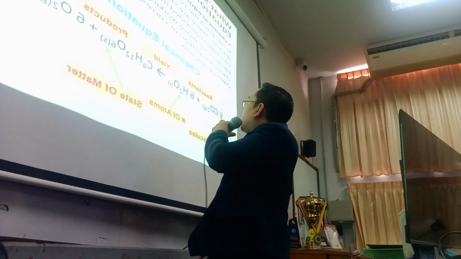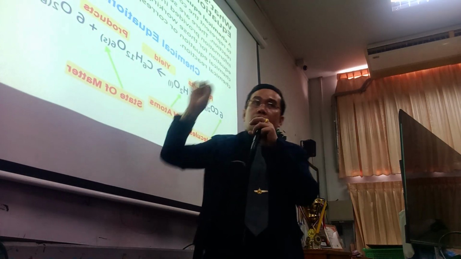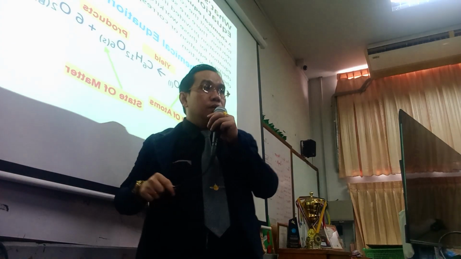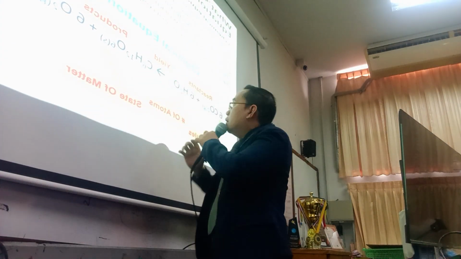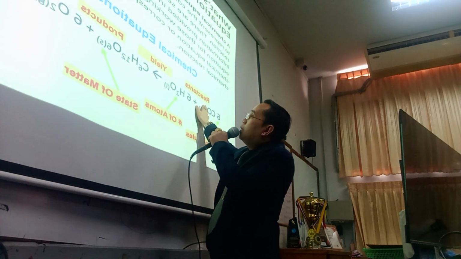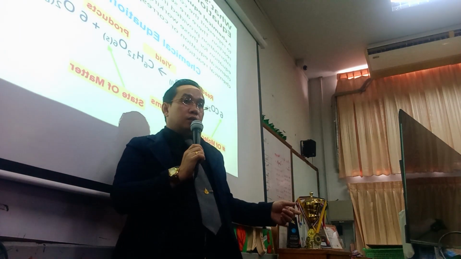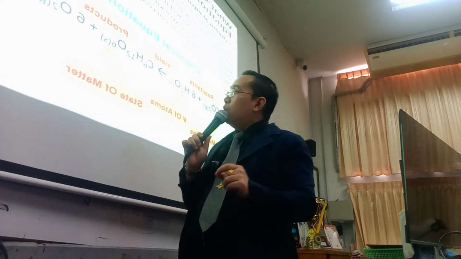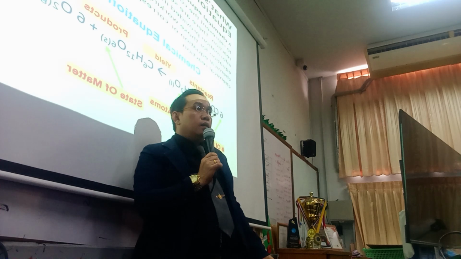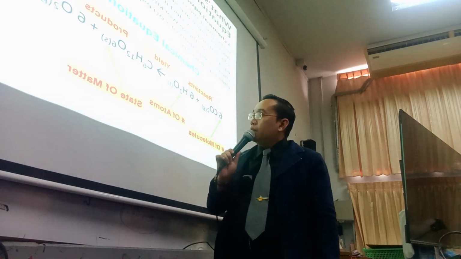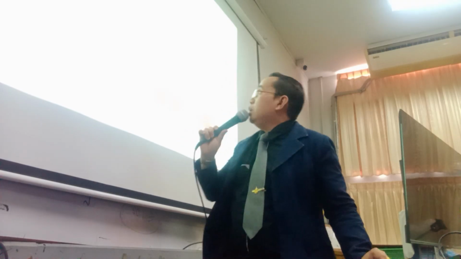So those things, guys, this chemical equation describes how the chemical reaction takes place. The reactants and the product are part of our indicators to determine what will be the result in this kind of chemical reaction. Then, one more thing, I'll repeat.